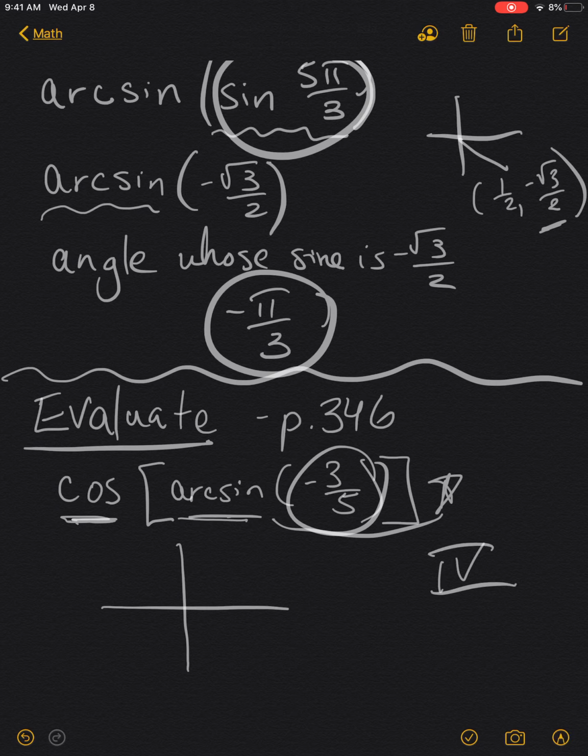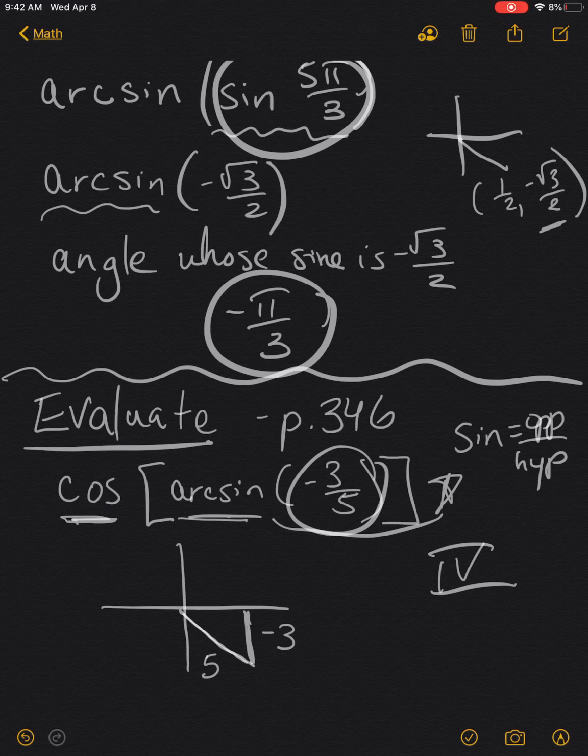So we know that sine is equal to opposite over hypotenuse, right? So we're going to use the fourth quadrant here to draw an angle whose sine is negative 3 over 5. Okay, so we're going to draw in an opposite and a hypotenuse. And again, it can't be in quadrant 1 because quadrant 1 is positive, and this is showing us a negative value.